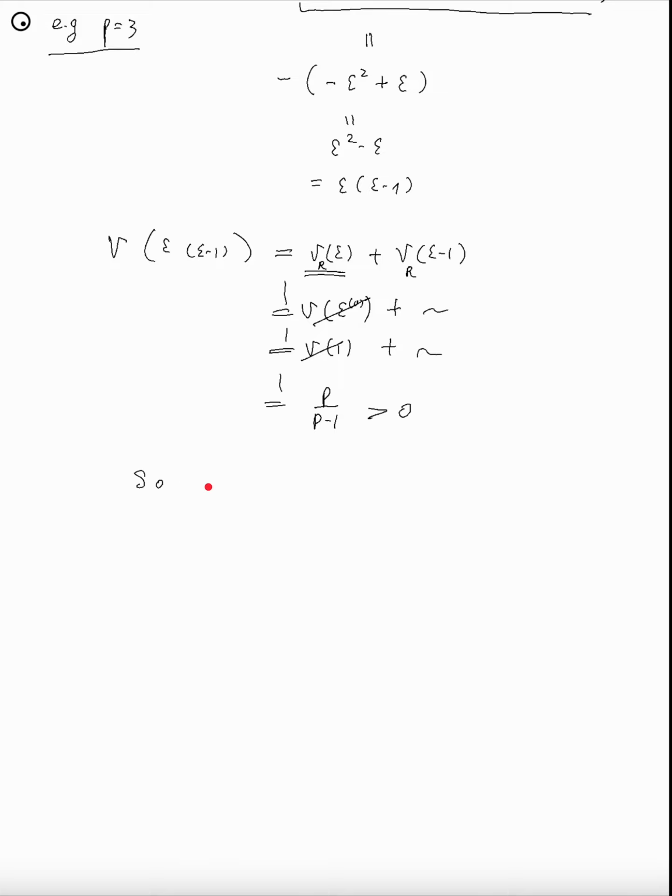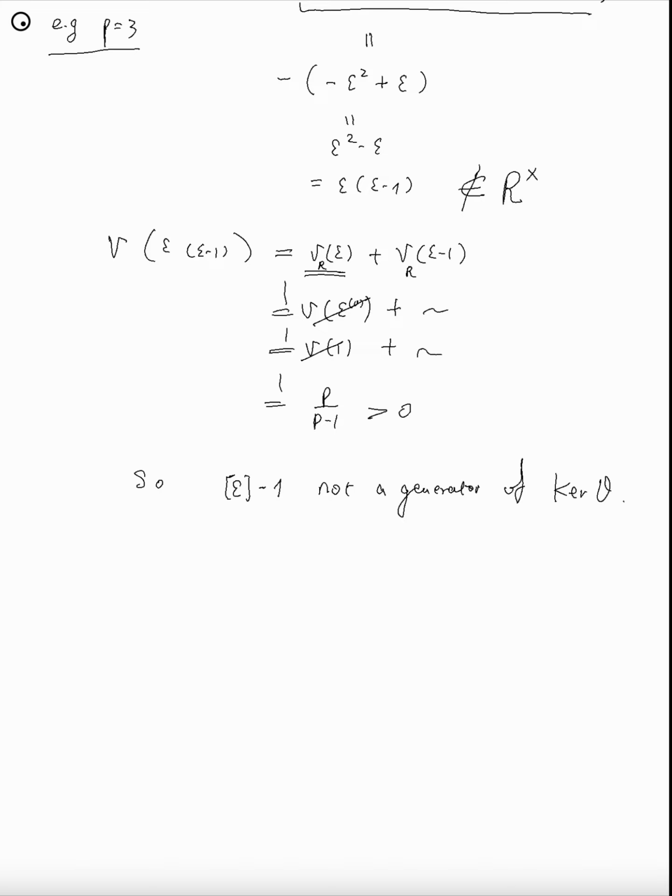And so this is telling us that this element is not a unit of R, and so epsilon is not a generator of the kernel of theta.